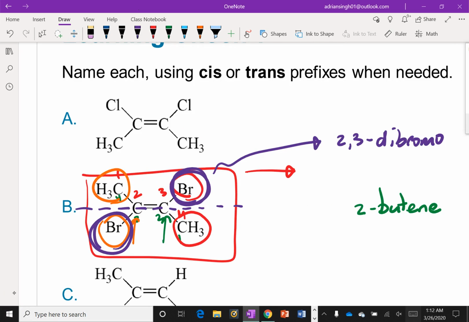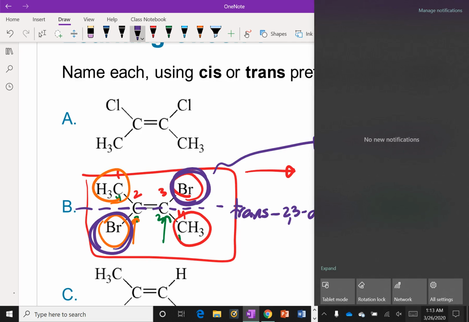So the trans goes at the very front. Trans-2,3-dibromo-2-butene.